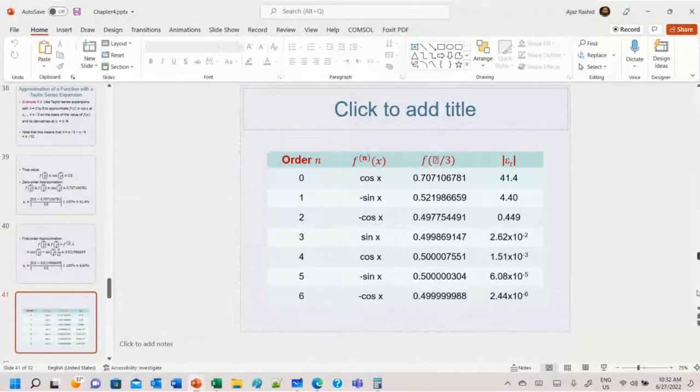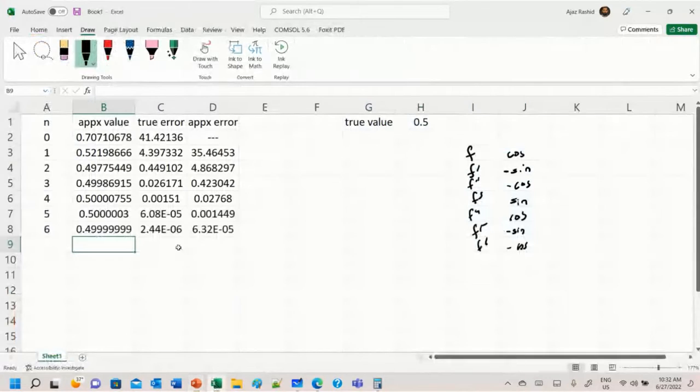We can see them here the same way that we have done here. Also, the derivatives are given here. That's pi by 3, the approximate value, and he's just showing here the true errors, but I found with you also the true error and the approximate error.